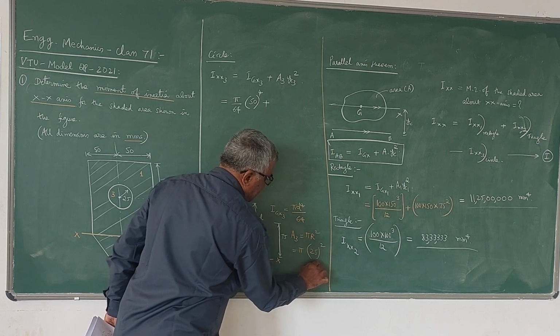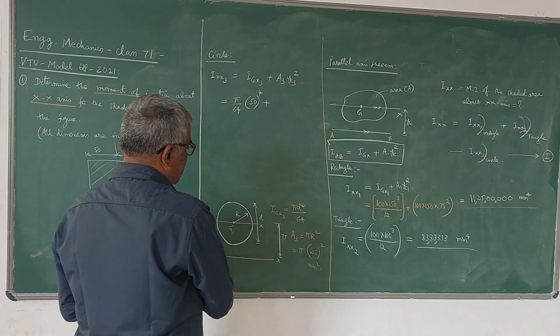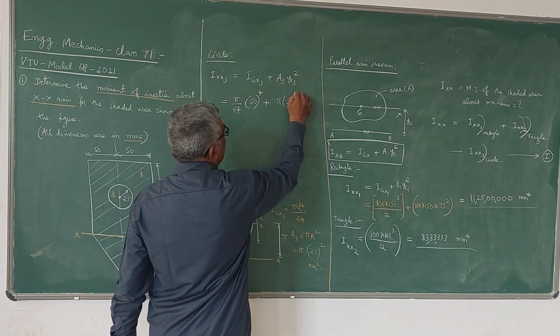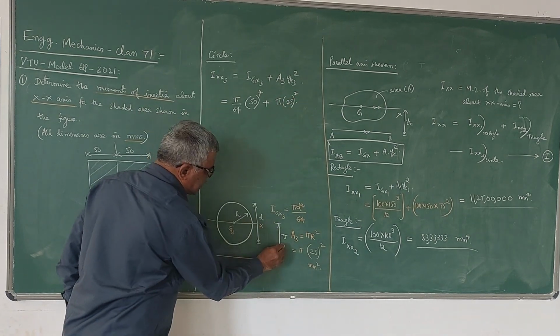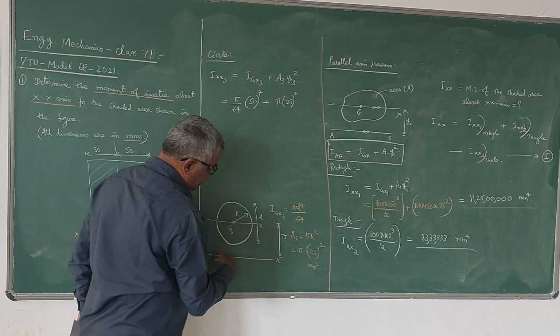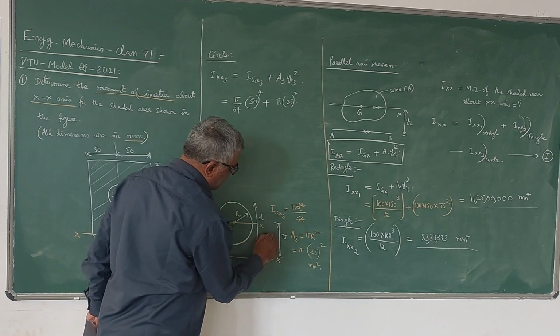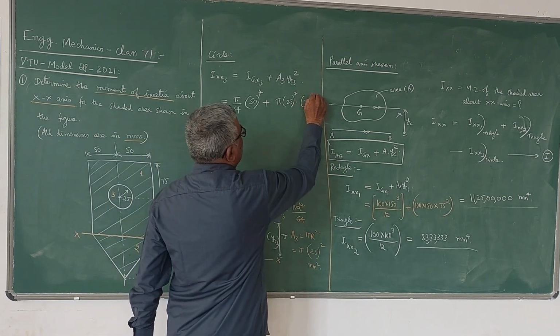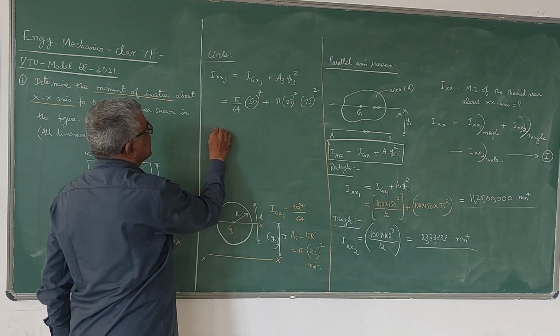So this is the area A3, into YC3, which is this distance, 75. The distance from the central axis of the circle to the given x-axis is your YC3, 75. So this is 75 square. So this is the value of Ixx3.